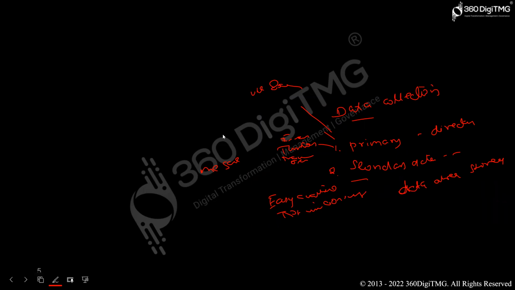The main thing is the disadvantage: we cannot get whatever data we want, because the data is stored as per the company norms. It was not collected for us. Then if the data is not sufficient, we can choose primary data collection.